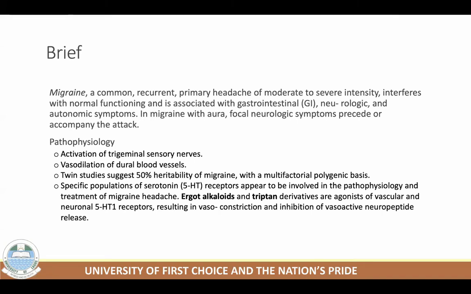As there's more inflammation, the blood vessels dilate more and end up causing more harm, right? So ergot alkaloids and triptans cause vasoconstriction, inhibition of vasoactive neuropeptides, and try to resolve the inflammation being experienced.